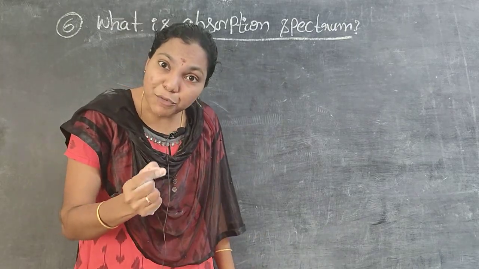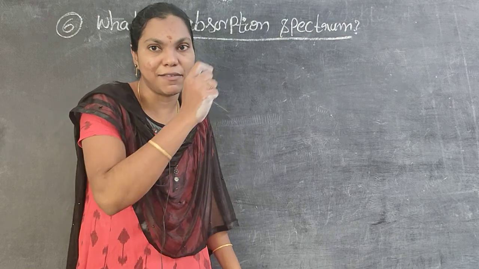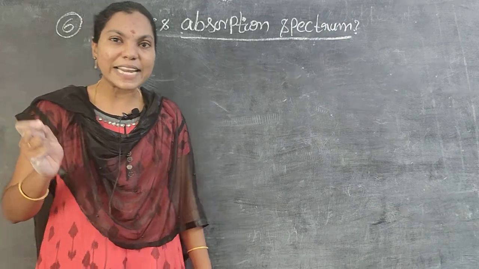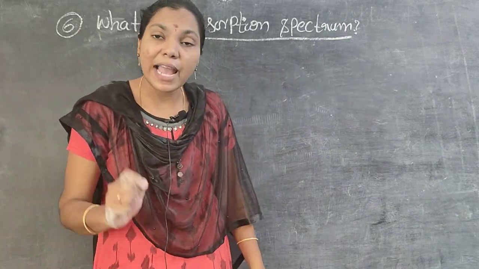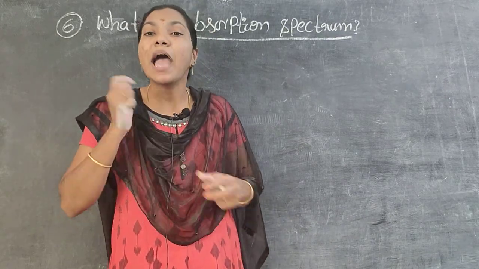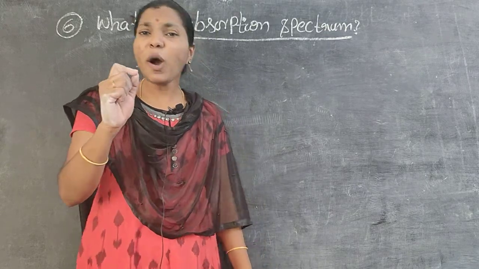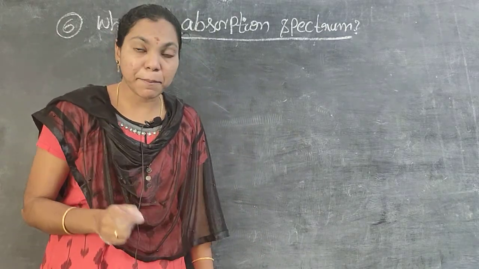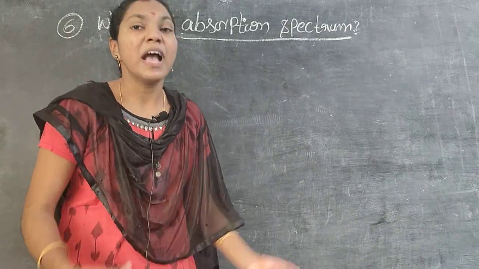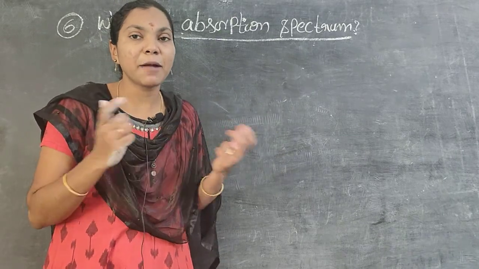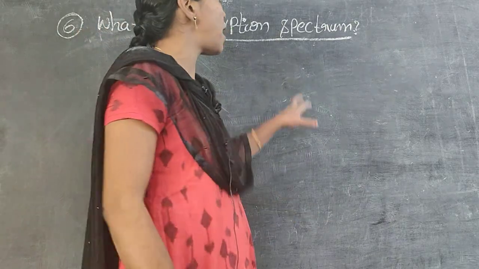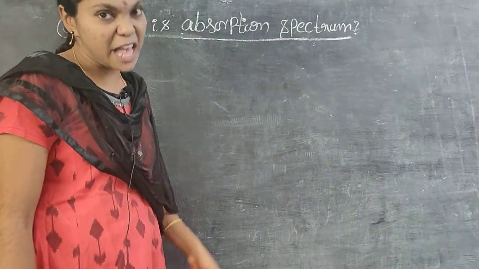When the electron jumps, it absorbs a certain amount of energy, and that energy is in the form of a packet. Each energy packet is known as a quantum. A group of energy packets forms a spectrum, which is the absorption spectrum.